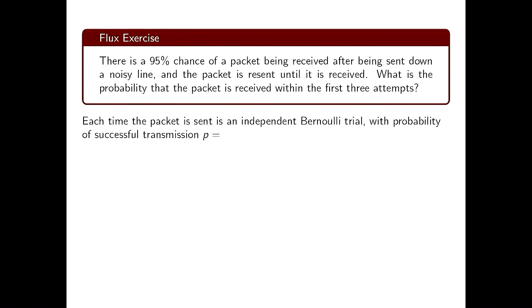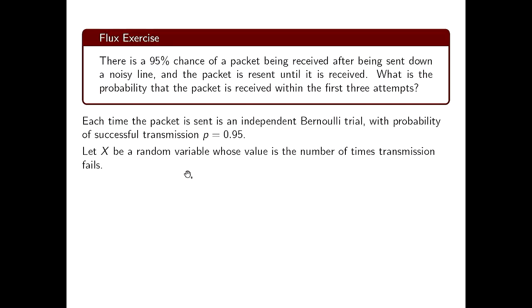Each is an independent Bernoulli trial with probability of successful transmission 0.95. So we're 95% chance of flipping a 1, 5% chance of flipping a 0. So let k be a random variable whose value is the number of times transmission fails. So this is our geometric random variable.